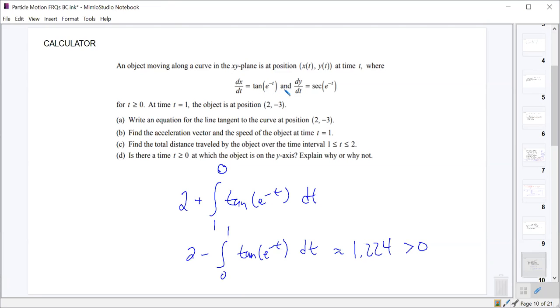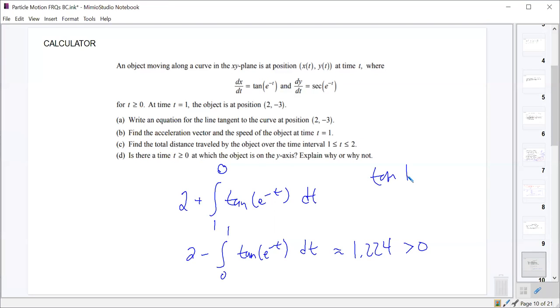So if we think about a tangent of e to the negative t, e to the 0 is just 1. And we know the tangent of 1 is positive, so it should be moving to the right at that point.